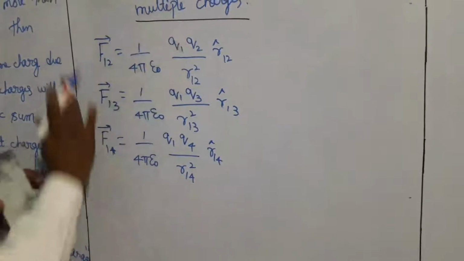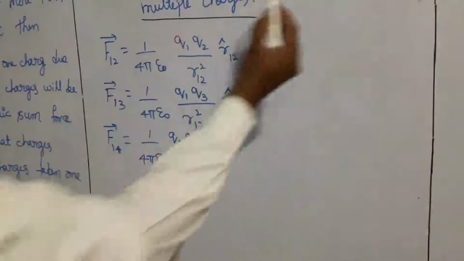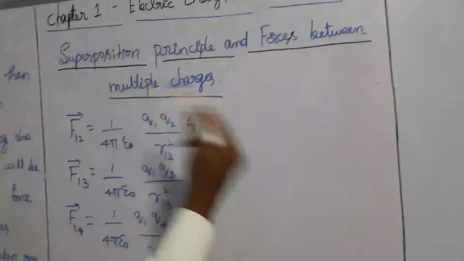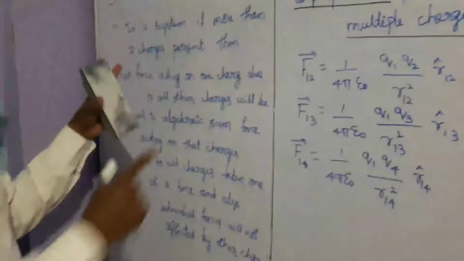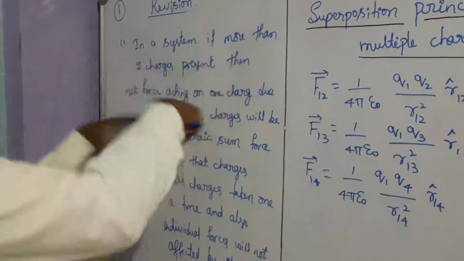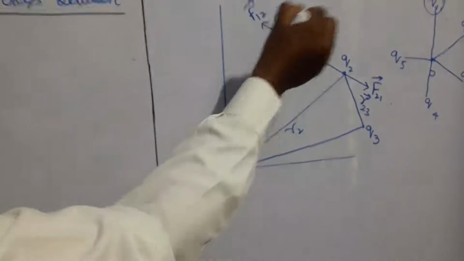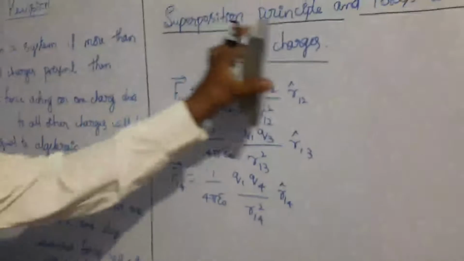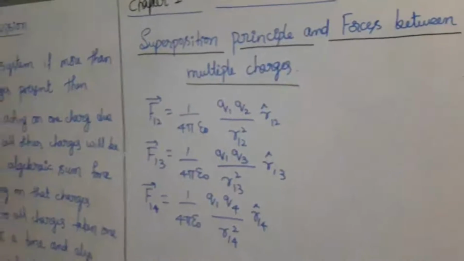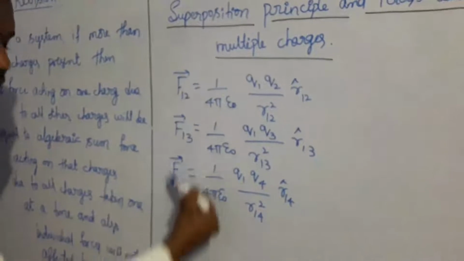Now by using these individual forces as well as the superposition principle, we will find the general expression for forces between multiple charges. Now what it is stating: in a system if n number of charges are present, the net force acting on Q1 due to Q2, Q3, Q4, Q5 we will find by using the superposition principle. That net force will be equal to the algebraic sum of all these individual forces.